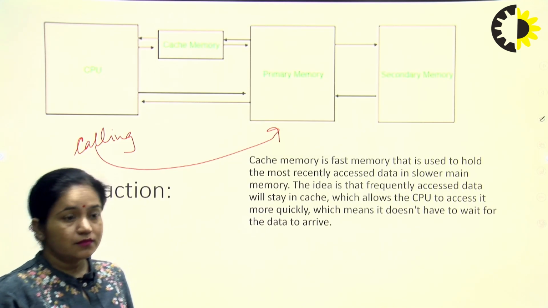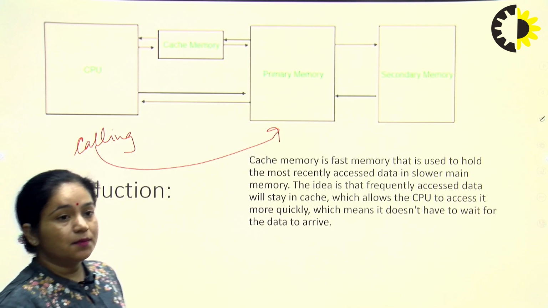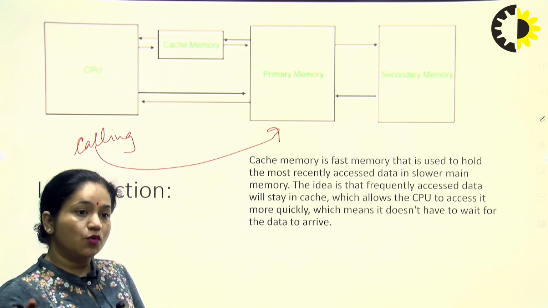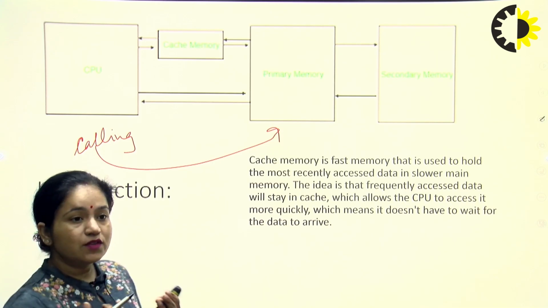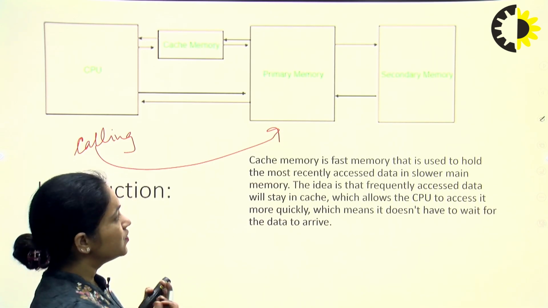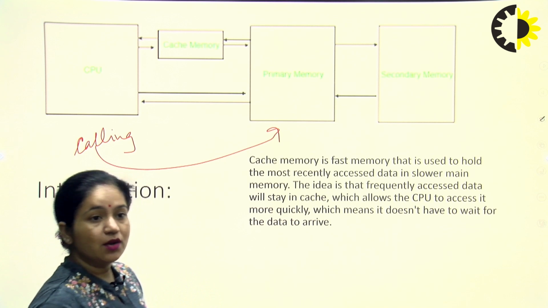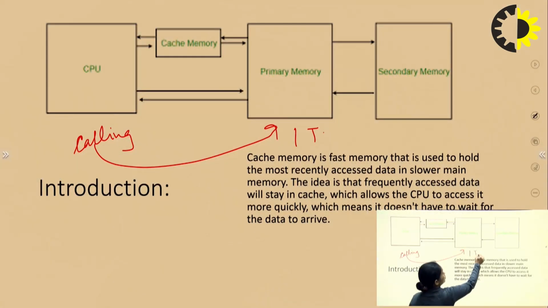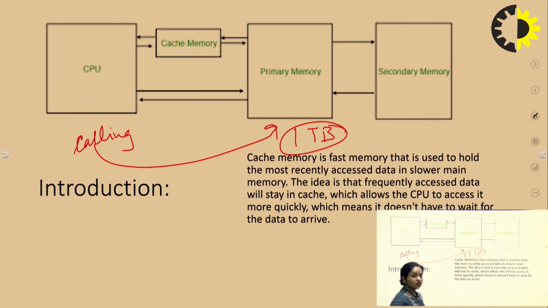The main memory is made up of registers, chips, RAM, ROM. So the size of the main memory will be huge, say 1 TB. So when we are searching for a particular data here, it will take time.